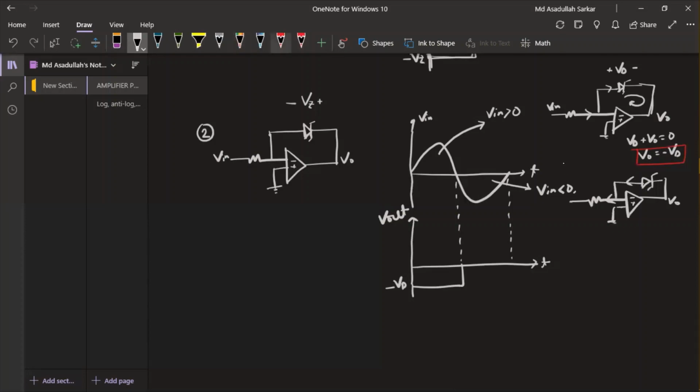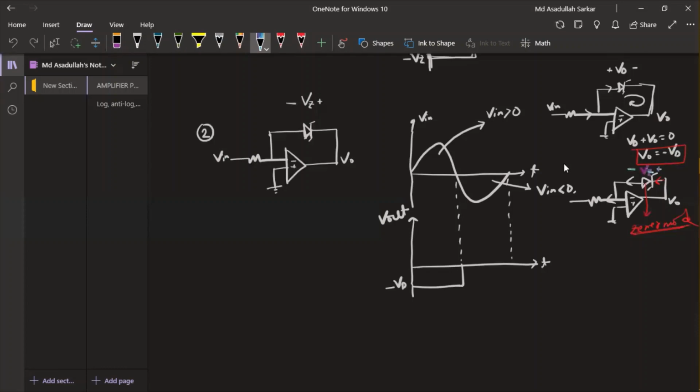If current flows in this direction, then obviously this diode is now operating in zener mode. The voltage appearing here will be Vz, plus and minus.